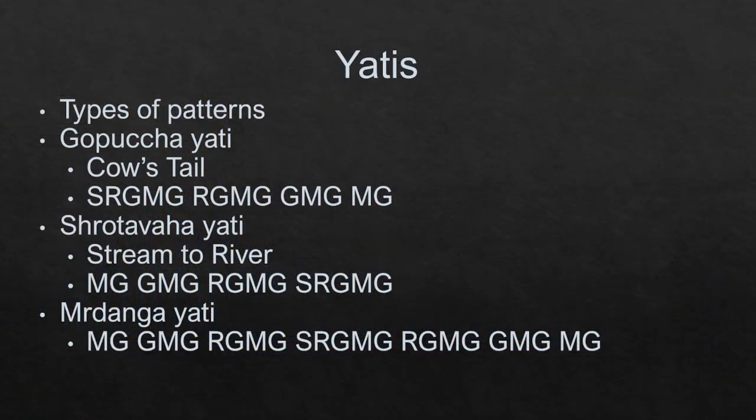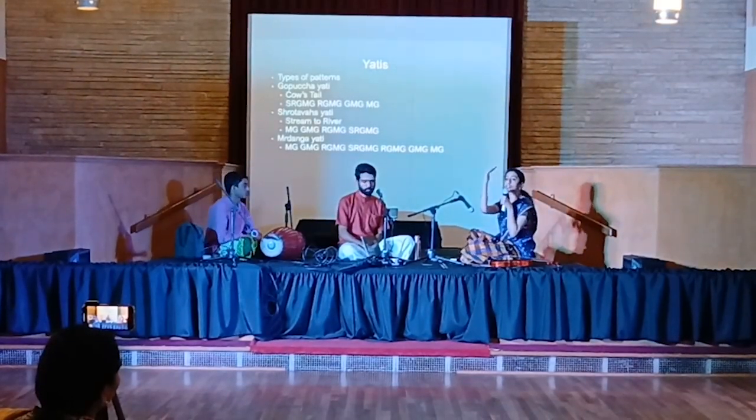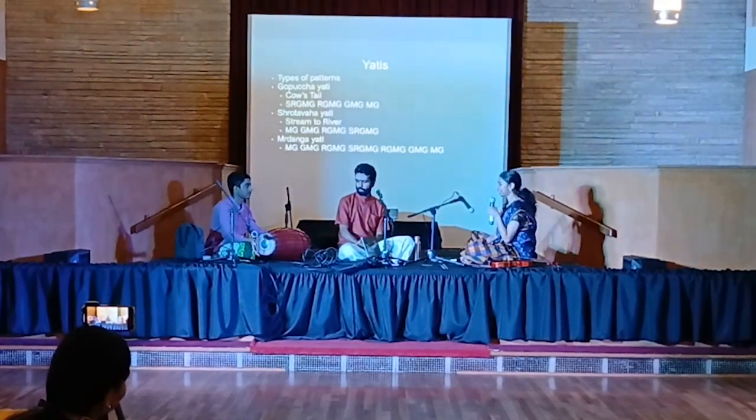Mridangayati, as I mentioned, these are typically geometric in shape when you arrange them vertically. I haven't written this vertically, unfortunately, but if you were to arrange this pattern, it would look similar to the curvature of the mridangam.